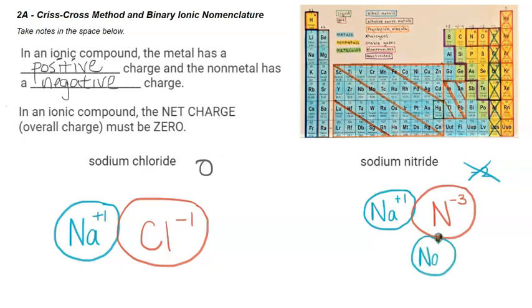That way those 3 sodiums together can balance out that -3 charge on our nitrogen atom. So the 3 sodiums together have a total of +3 charge to balance out the -3 charge of the one nitrogen, giving us an overall charge of 0 once again in the end.